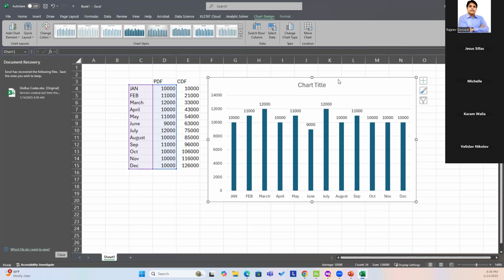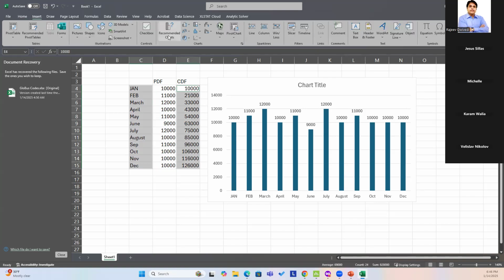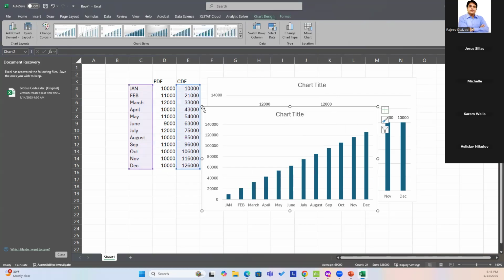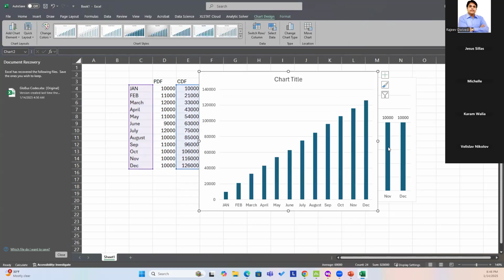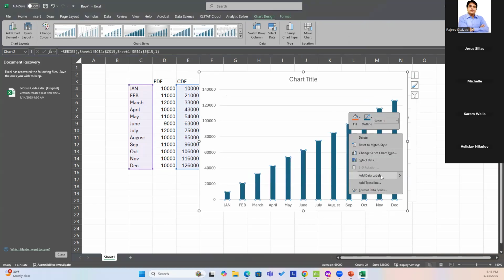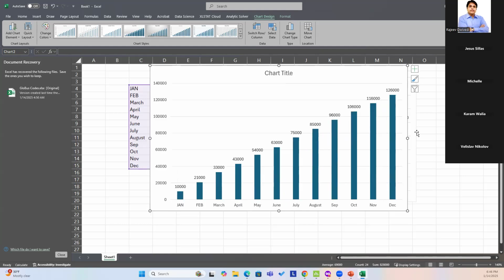But for that purpose, if you use the CDF, it's very simple, and you can see it here. Now let me put the numbers as data labels, and here we go.